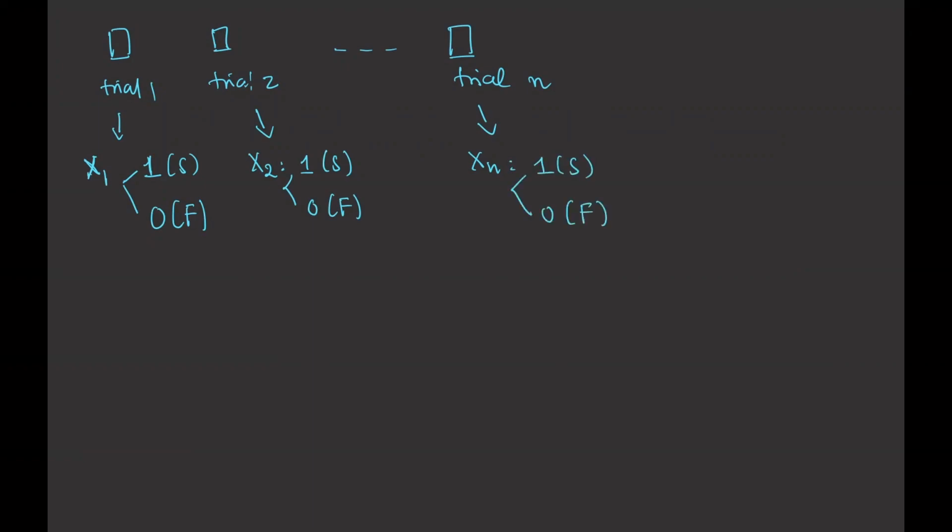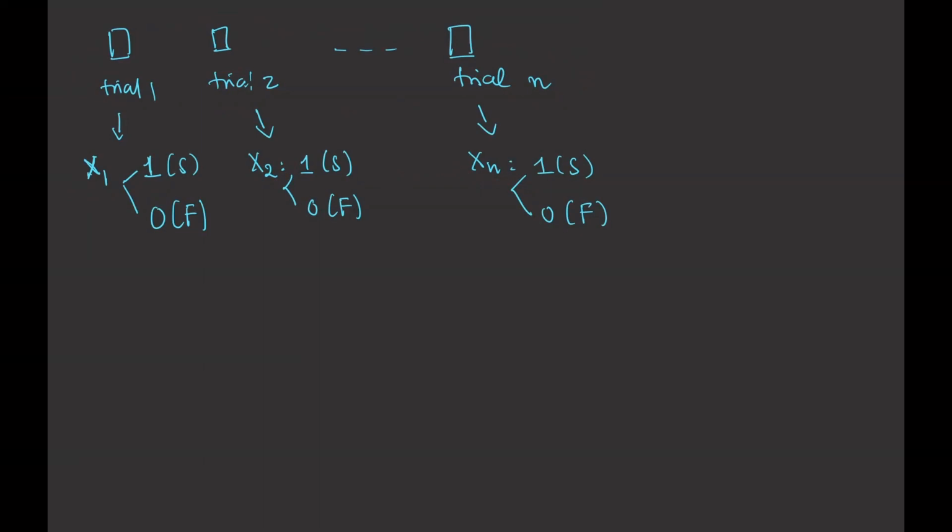So for the total number of successes in all those n trials, you just look at each trial and count whether they have success or not, right? Which means if you take x1 plus x2 plus up to xn, you will get the total number of successes in these n trials.